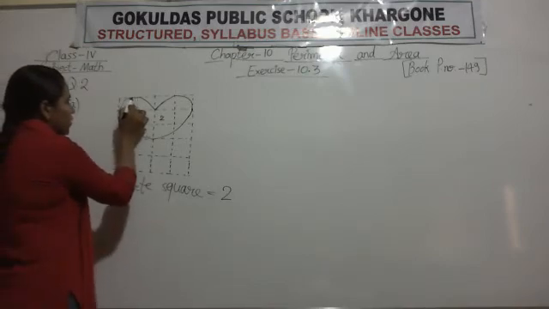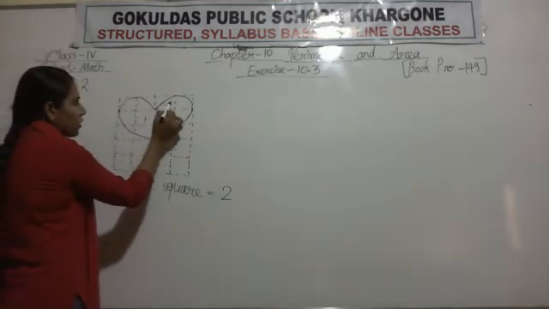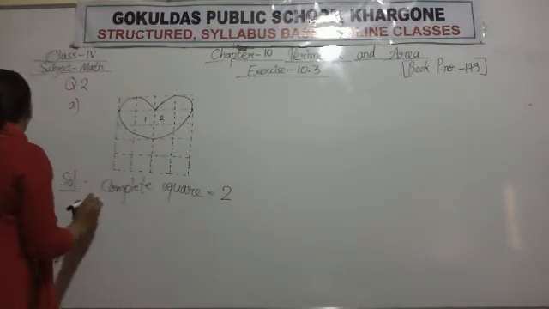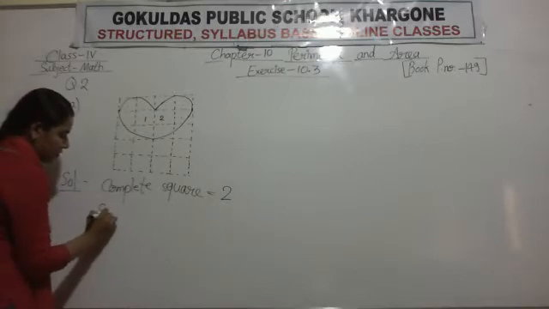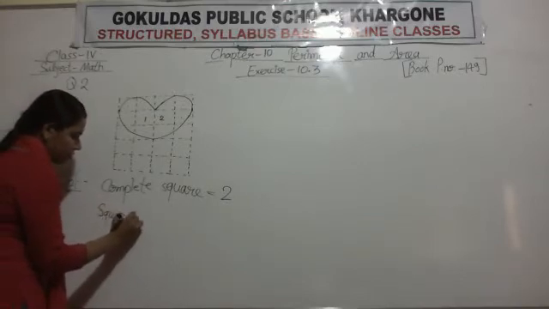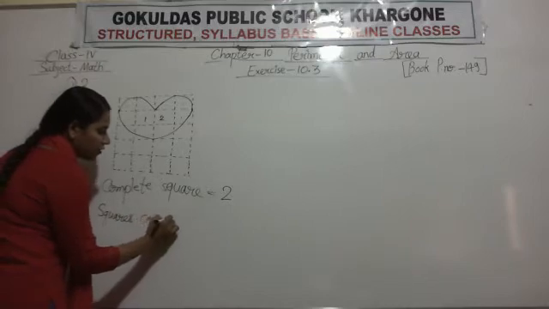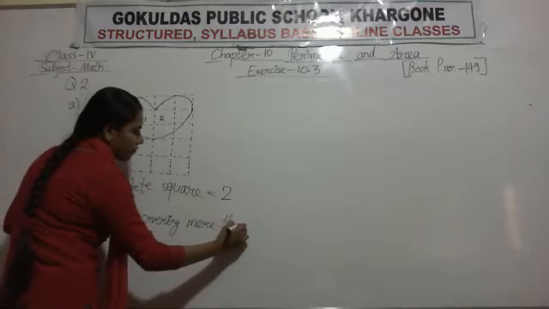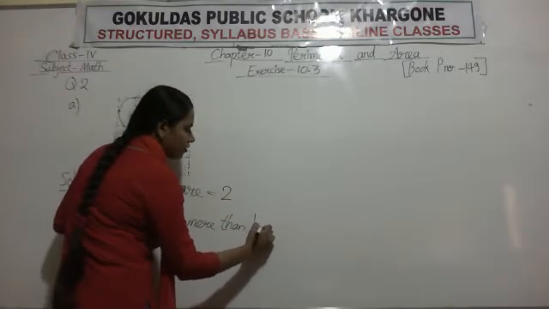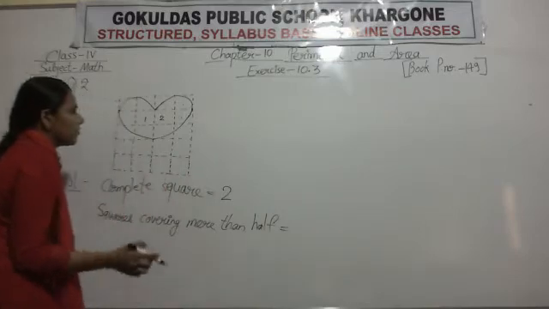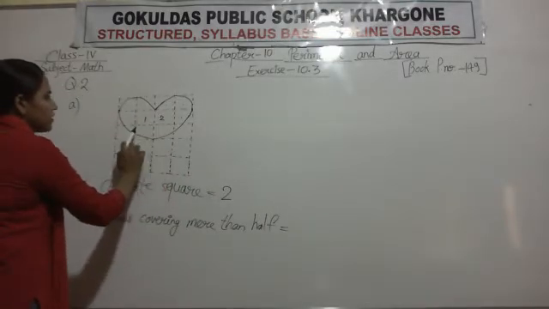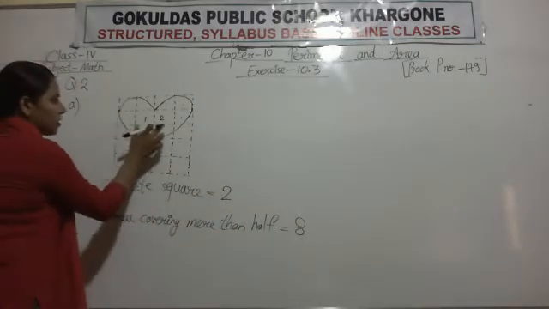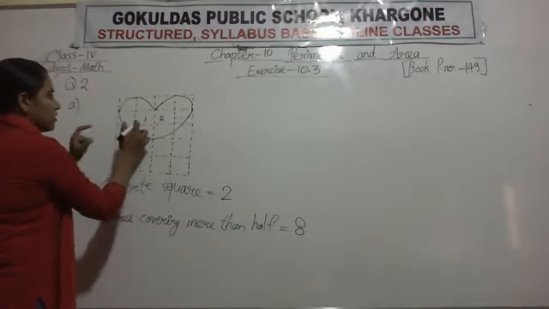This square is covering more than half. 1, 2, 3, 4, 5, 6, 7 and 8. How many squares are covering half or more than half? 8 squares. Now what about these two left?